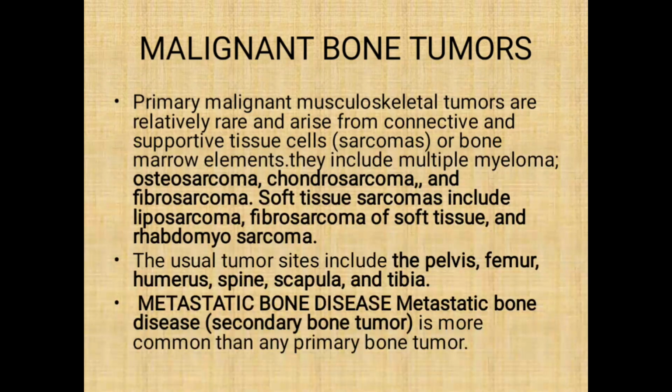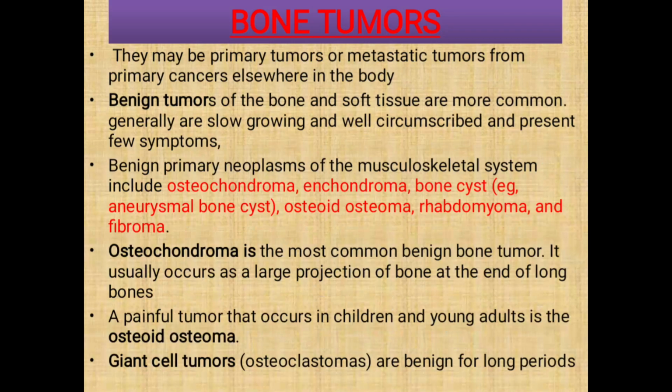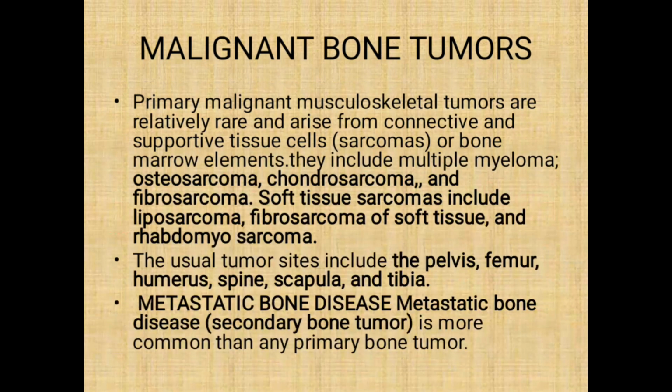The primary malignant musculoskeletal tumors are relatively rare, very rare, and they arise from connective and supportive tissues. Those are sarcomas and bone marrow elements. They include multiple myeloma, osteosarcoma, another called chondrosarcoma, and another called fibrosarcoma. So if you look at the difference between these and the other ones, these end in sarcoma, while the other ones end in chondroma or osteoma.